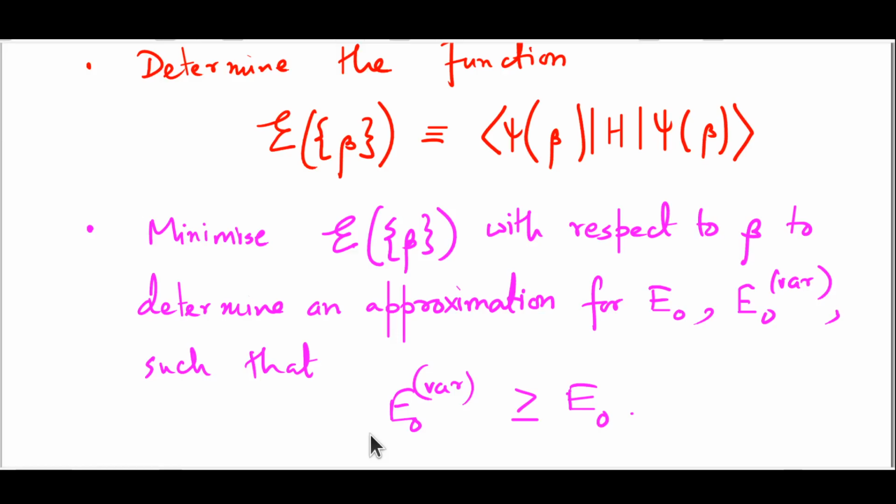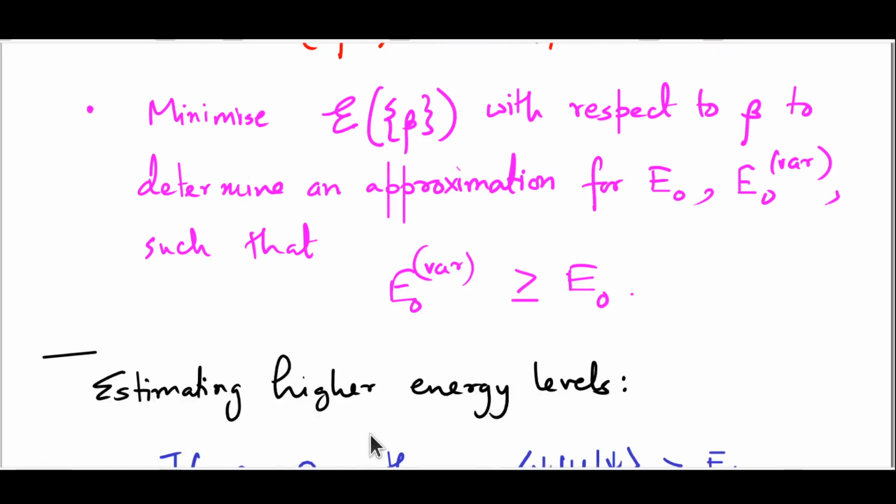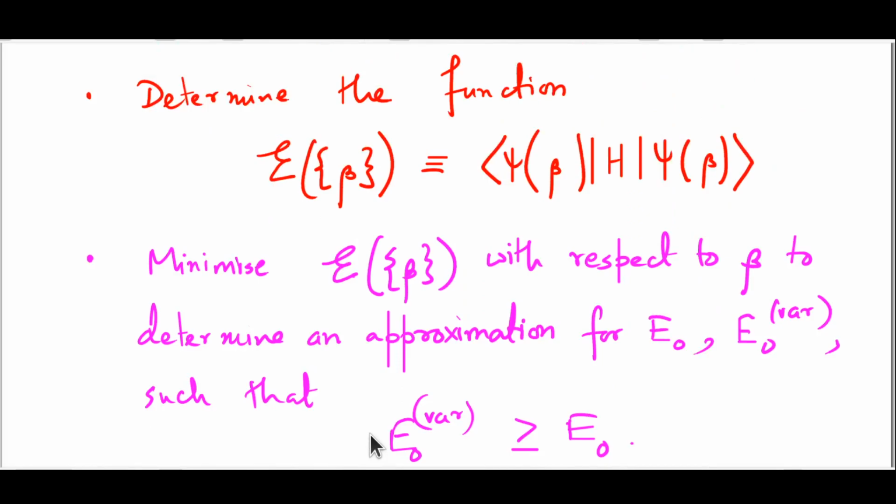Now, let me warn you that the variational principle only guarantees that E0 variational is greater than or equal to E0. It does not tell you by how much it exceeds E0. So, if you choose your family of trial wave functions badly, it's very possible that E0 variational will be much bigger than E0, maybe even bigger than, say, the 10th excited state energy.